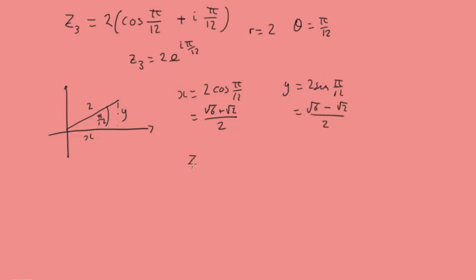And that gives us z3 is equal to root 6 plus root 2 over 2 plus i root 6 minus root 2 over 2.